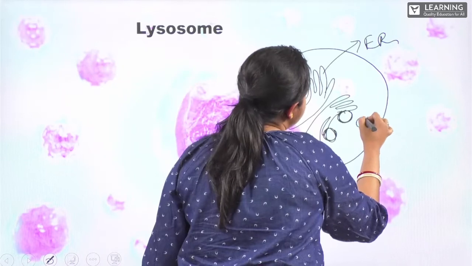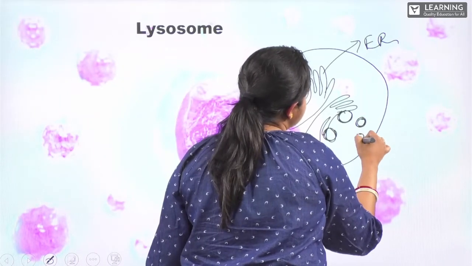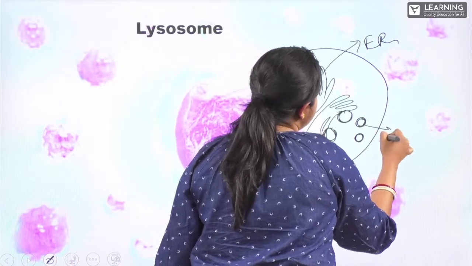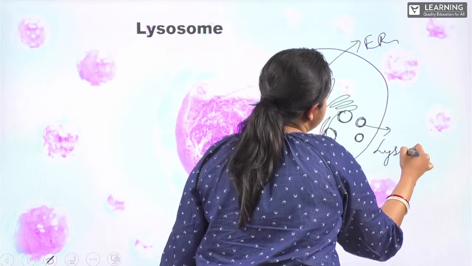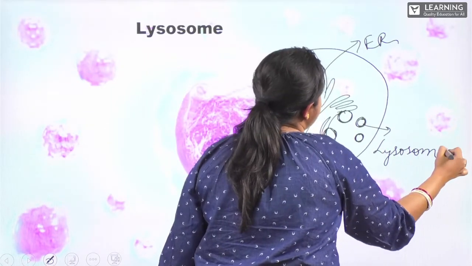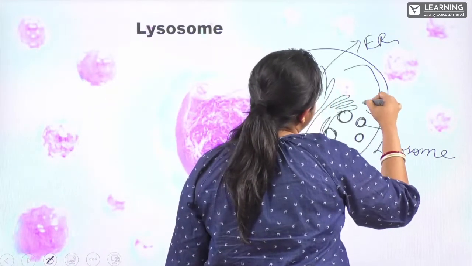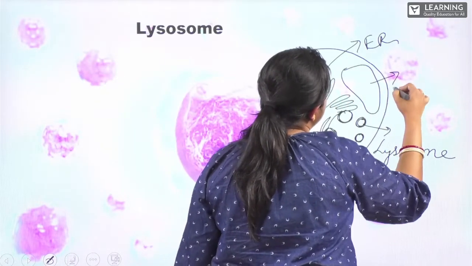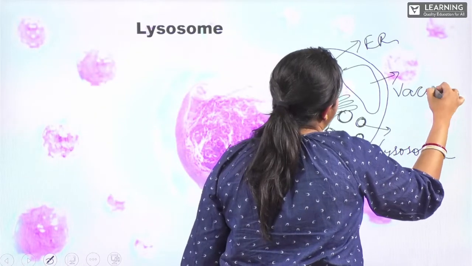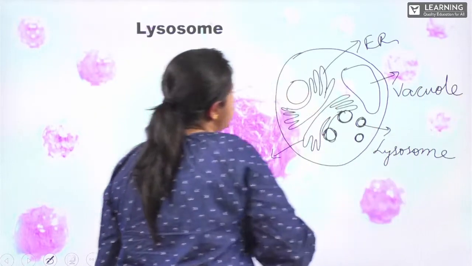The smaller vesicles which are present inside the cell are known as lysosomes. And the bigger structure which we see is known as vacuole.